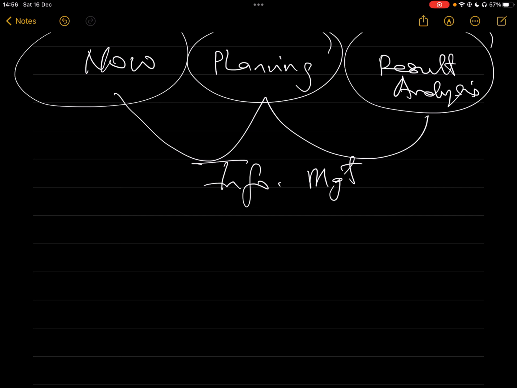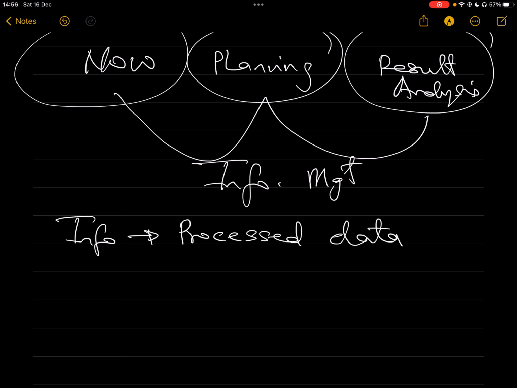And what is information? Information is simply processed data. That is a simple way to define information. So you probably wonder what data is.